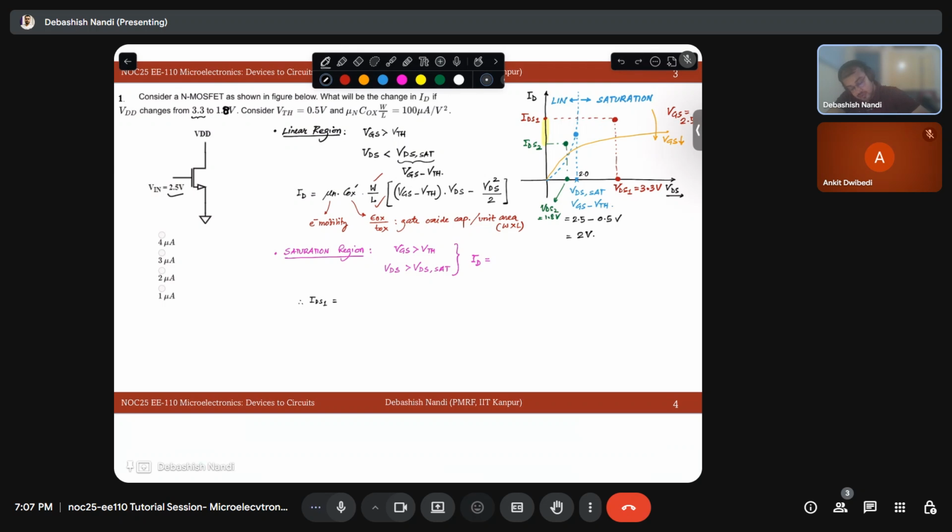It will rise like this and then be flat, which is the ideal case when channel length modulation or any short channel effects are not present. Similarly, this is your lower VGS. Now if I correct the point, this will be your IDS1.